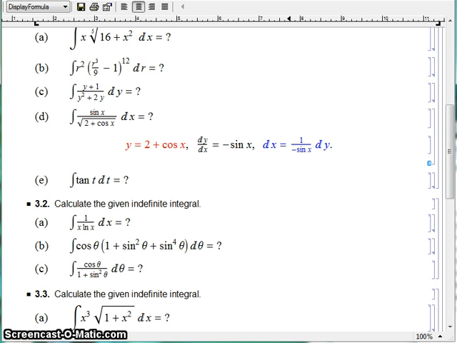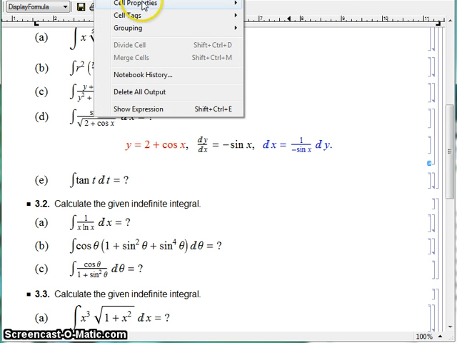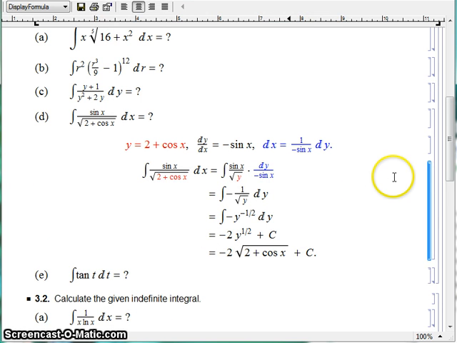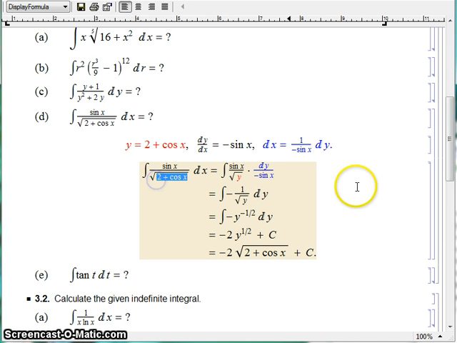Now that the first three steps are done, let's go with the integral computation here. Second substitution. y will be substituted in place of the inside of the composite function, inside of the radical. And then dy over negative sine of x, as we calculated, will be substituted in place of dx. Now, is there a simplification?